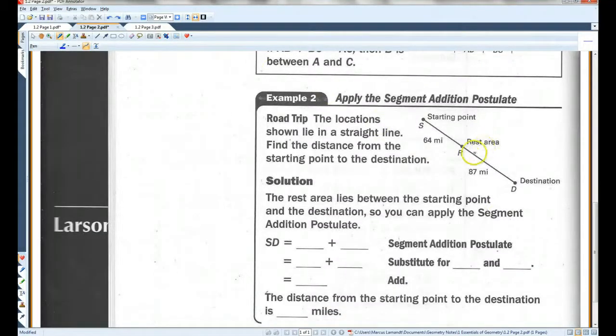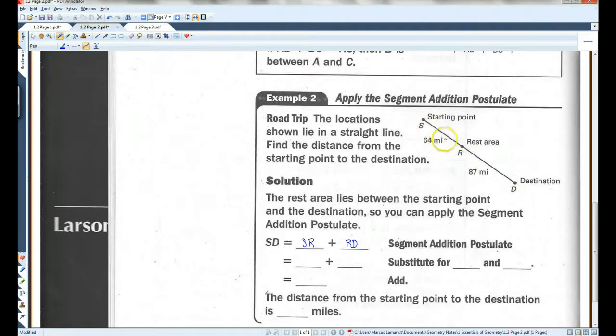Find the distance from the starting point to the destination. So SD is this segment plus this segment. Now remember, when you're naming segments, you use 2 letters. So SD is going to be SR plus RD. That's the segment addition postulate. You can add these two pieces together to get the whole thing.